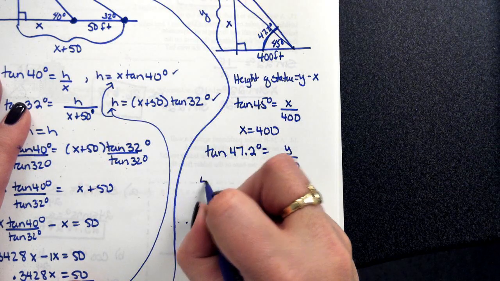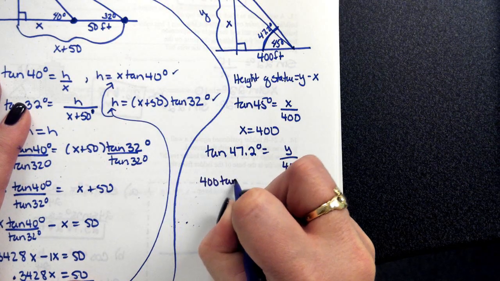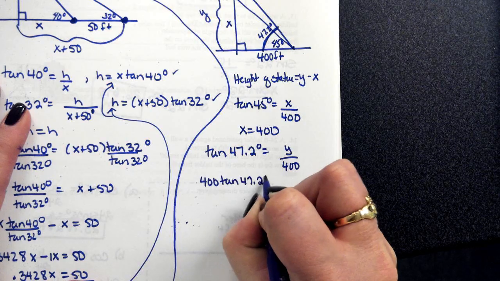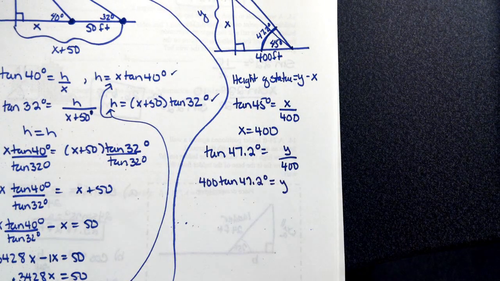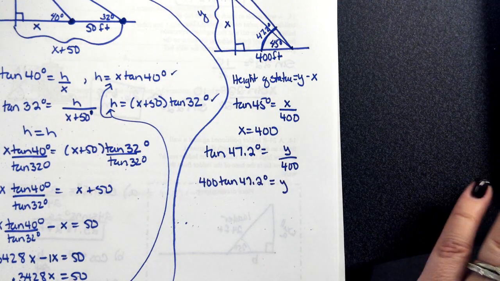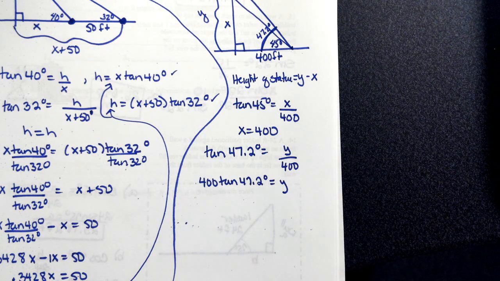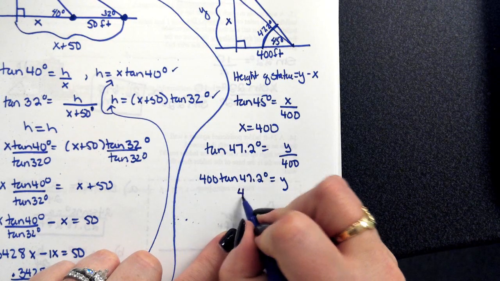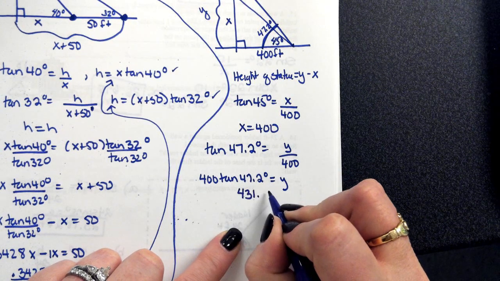So I can take 400 and multiply it by the tangent of 47.2 degrees. Obviously, we need to use a calculator for that one. So that's 431.961.